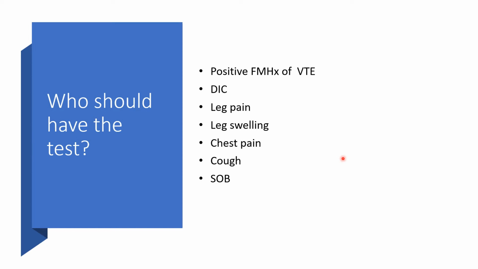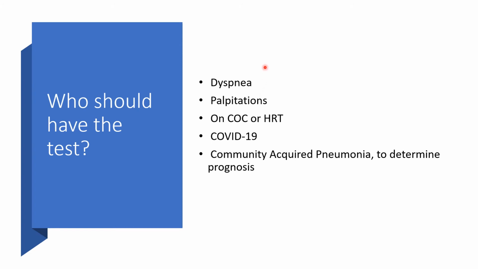Cough and shortness of breath, when you want to rule out pulmonary embolism from DVT, you can have D-dimer done. In dyspnea, palpitation, or a patient on combined oral contraceptives or hormone replacement therapy, you can have D-dimer done. And now in the era of COVID-19, you can have D-dimer done. And also in community-acquired pneumonia to determine prognosis, because patients with community-acquired pneumonia with a high level of D-dimer will have a poor outcome.